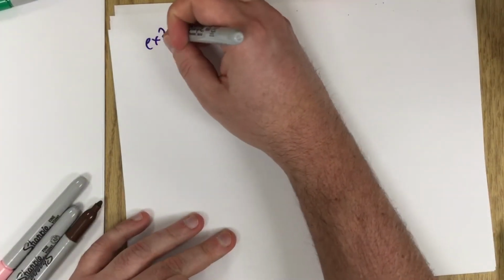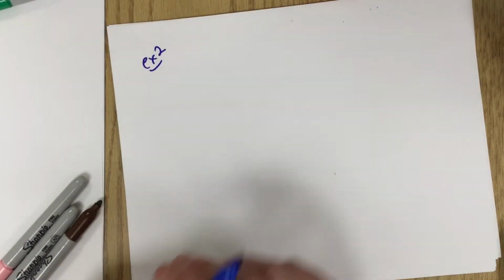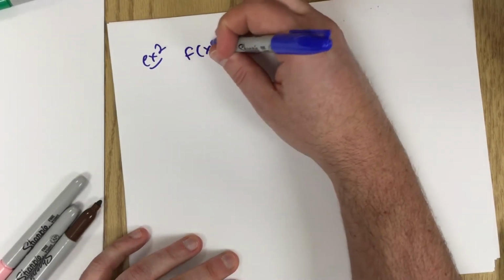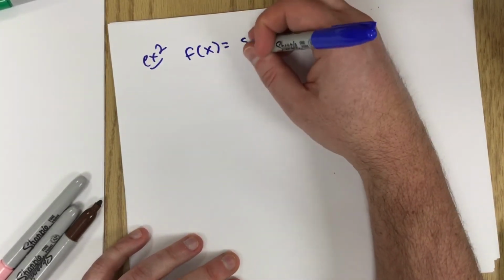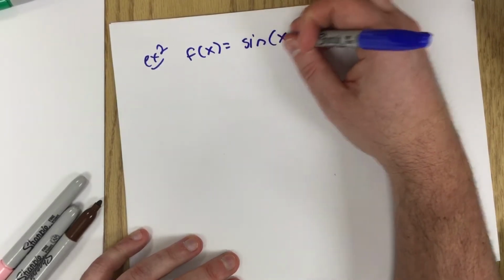Let's call this example 2. Let's say we have f of x equals sine of x minus 15.